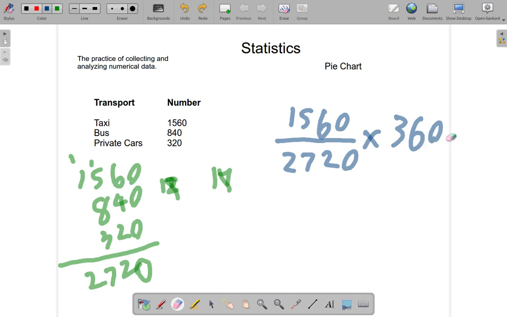You see that? And that will give me the angle that must be taken up by the taxi, because what I'm dealing with here is the taxi figure. So 1560 over 2720 by 360.